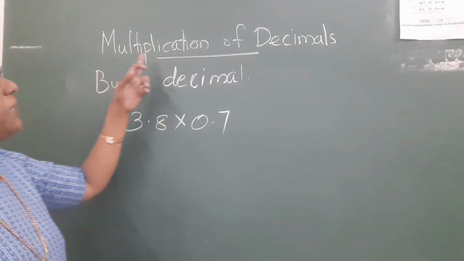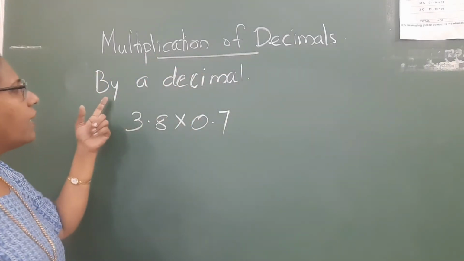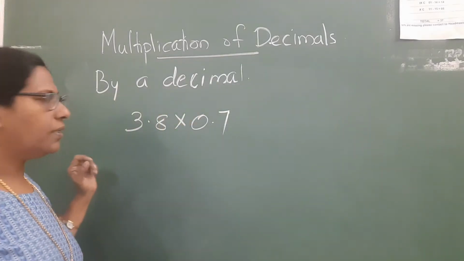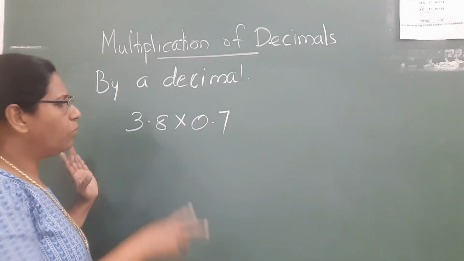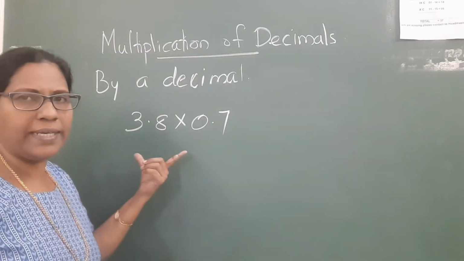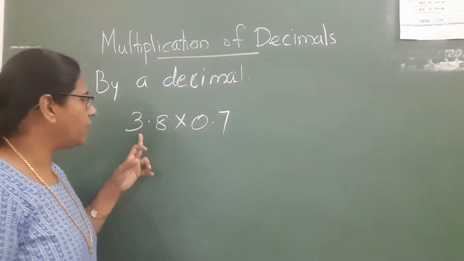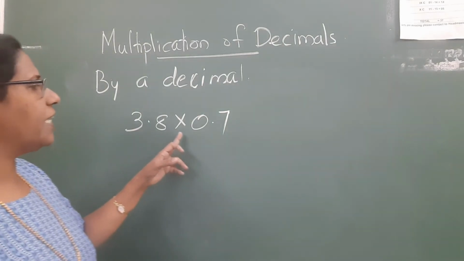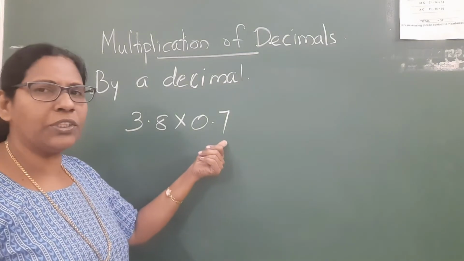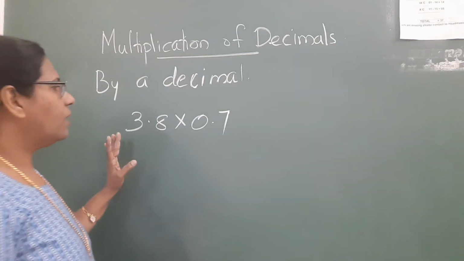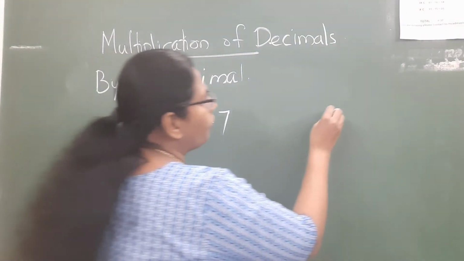Next, multiplication of decimals by a decimal. Here, in multiplicand and multiplier, both there will be decimals. So, the example I have taken here is 3.8 into 0.7. Here we will multiply.